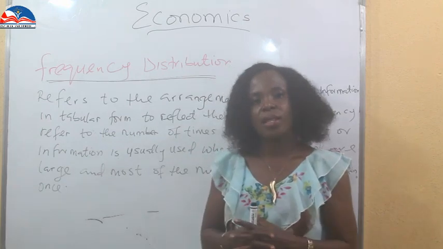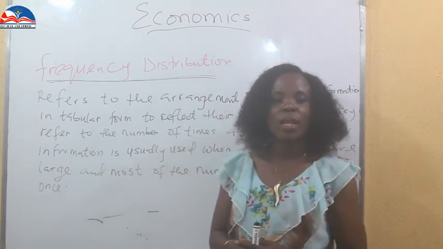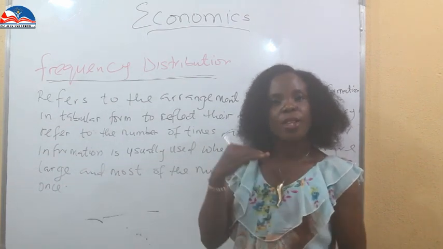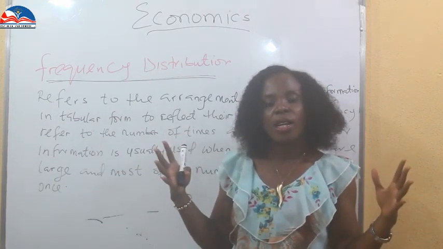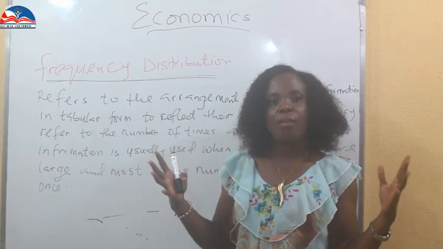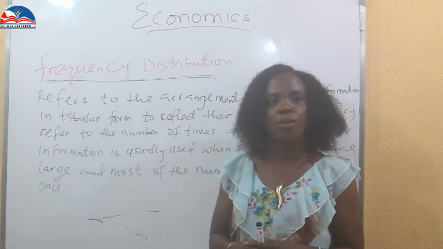It appears in a tabular form in its own section. It indicates the frequency, the number of times a number appears. In a large number sequence, they might appear more than once, more than twice, as many times as possible.